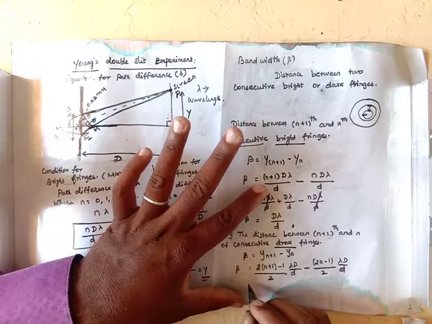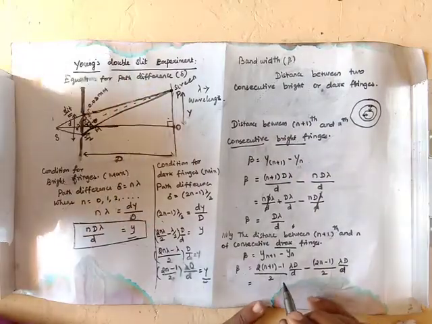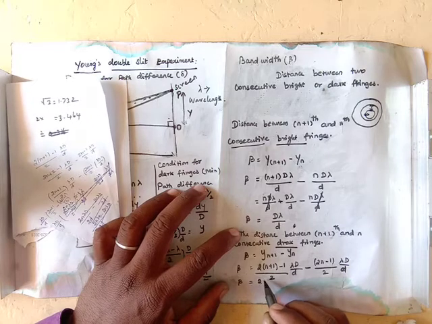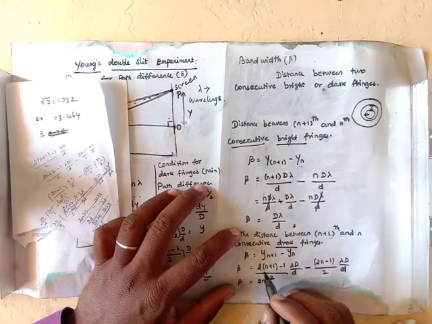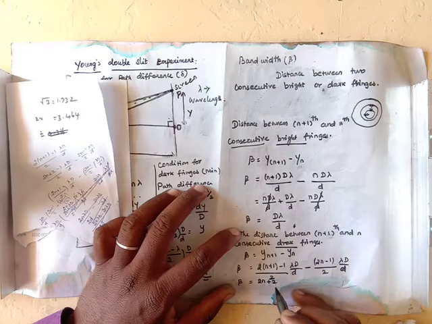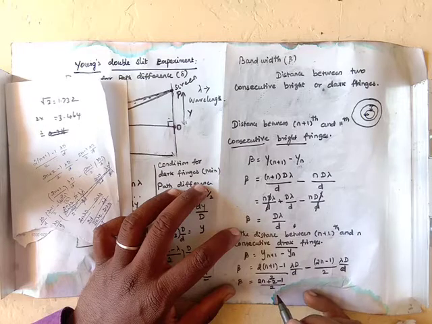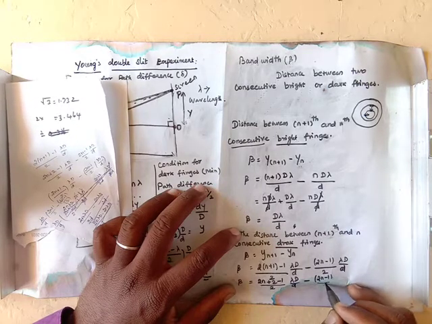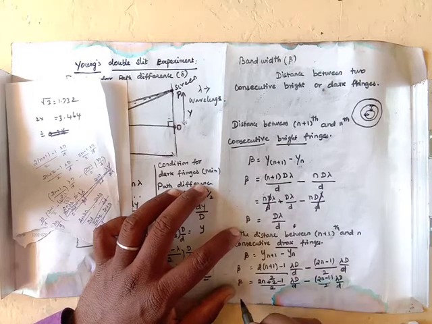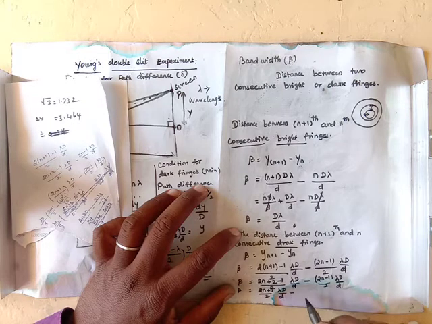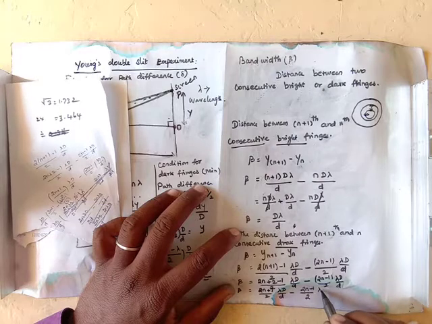In the next step, beta is equal to (2n plus 2 minus 1) divided by 2 times lambda D divided by d, minus (2n minus 1) divided by 2 times lambda D divided by d.